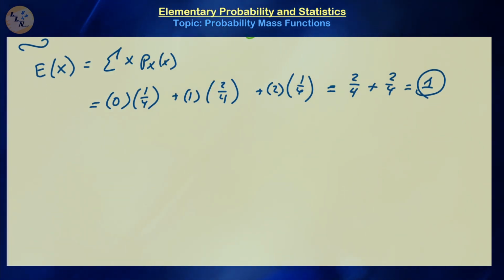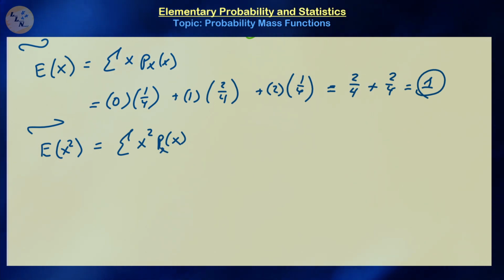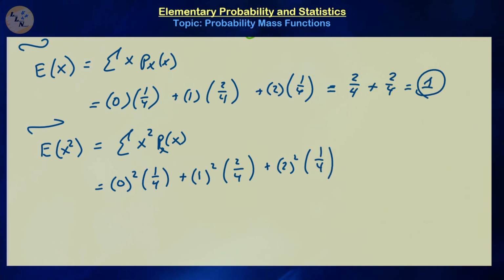Now let us try and see how we could calculate our second moment. If you want to pause the video, definitely go ahead and give that a try. Again, the second moment of the random variable is going to be the sum of x squared times p of x. So it's going to be 0 squared times 1 fourth plus 1 squared times 2 fourths plus 2 squared times 1 fourth. The first term is 0, so that cancels.